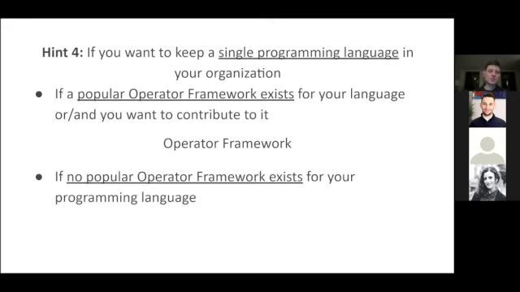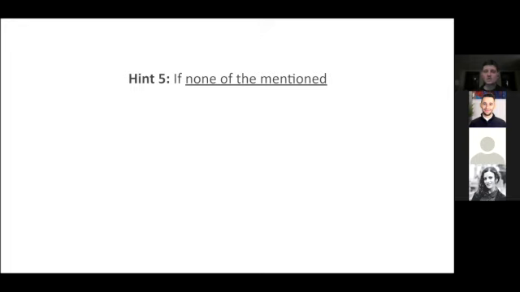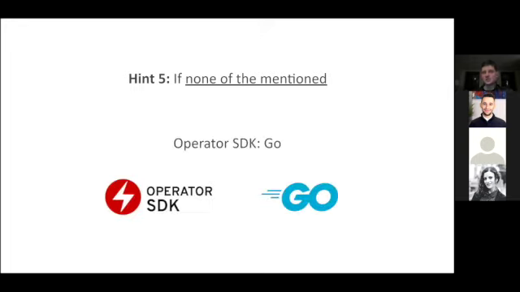But if there's no popular operator framework for your language of choice, then use just the bare programming language. Hint number 5: if nothing mentioned, just implement it in Go, because people just use Go, so we are in good company.